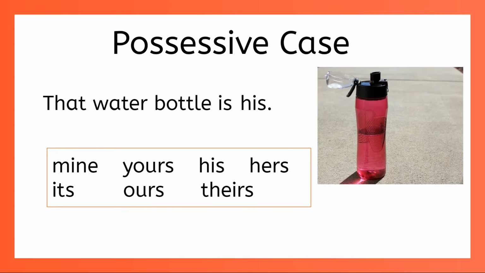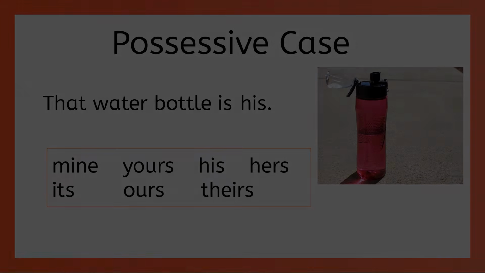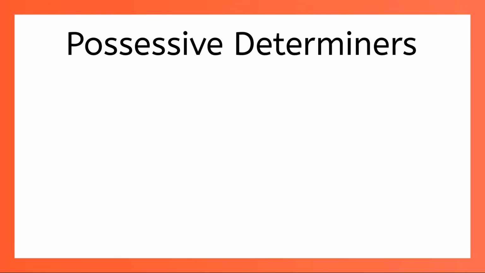Notice that there are no apostrophes in possessive pronouns. To make a noun possessive, we would add an apostrophe and an S, but not with pronouns. We just use the possessive case. No apostrophes allowed.